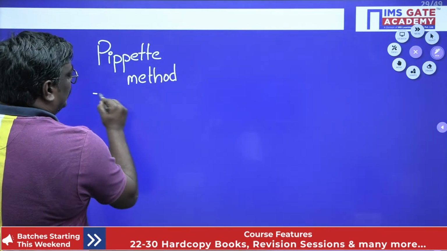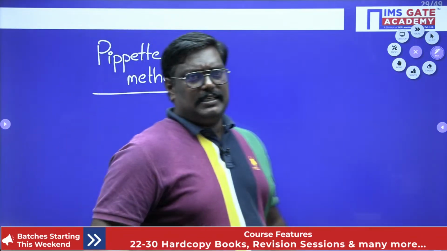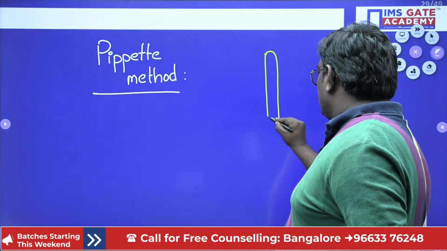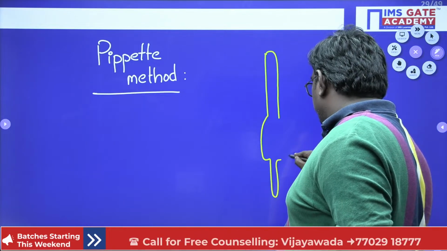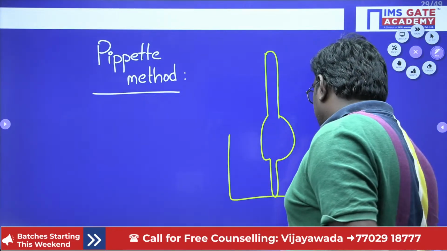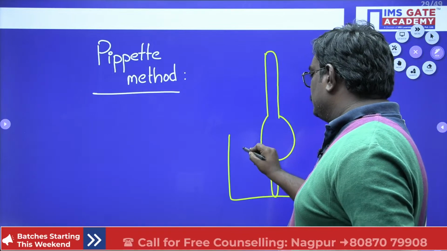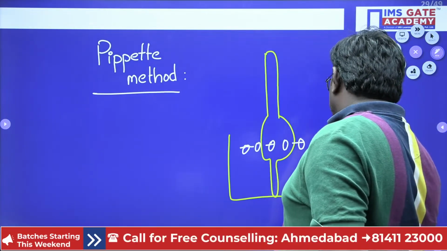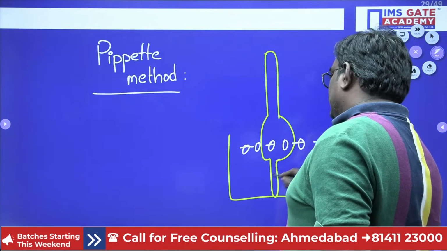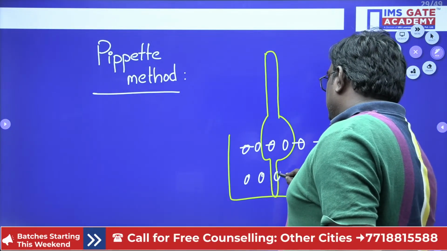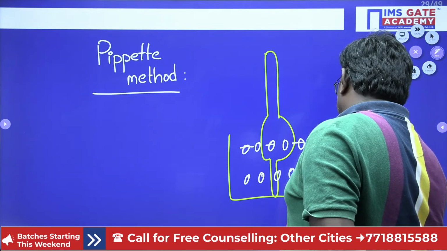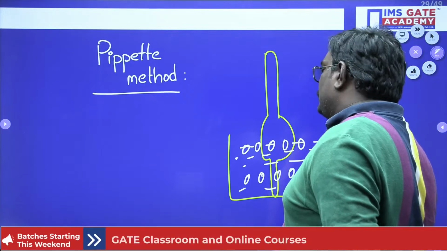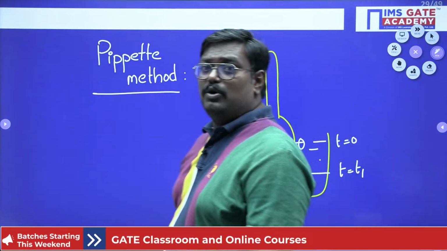Suppose, see students, you have a pipette, and if you have a beaker, there are soil particles here. Initially, at time t equal to 0, the soil particles are here. After time t, the soil particles came to t1, and whatever solution we have here we call the dispersion solution. Are you able to understand, students?